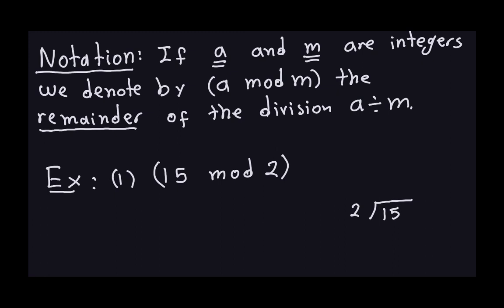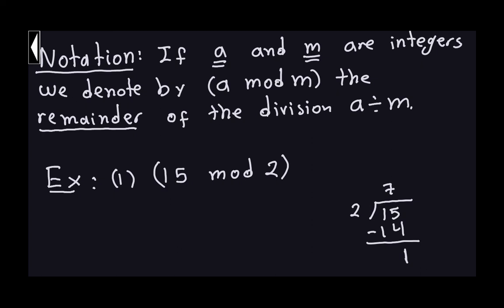If you look here on the side, I have the whole thing set up. I'm going to take 15 divided by 2. 2 goes into 15 7 times, and 2 times 7 is 14, so minus 14 here, and of course that subtraction gives me 1.